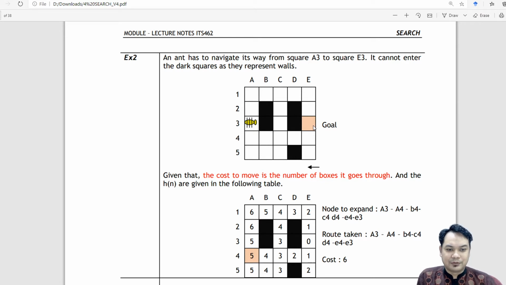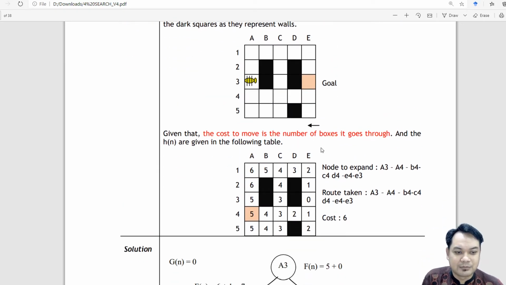So the following is an example question on the final examination and how to answer it, where if you're given a board and an AND, how do you guide the AND to the goal, looking for the shortest path. Given that the cost to move is the number of boxes it goes through.